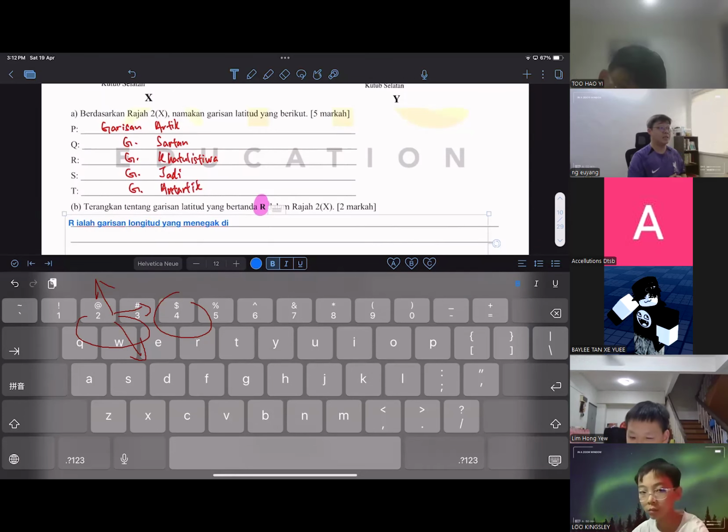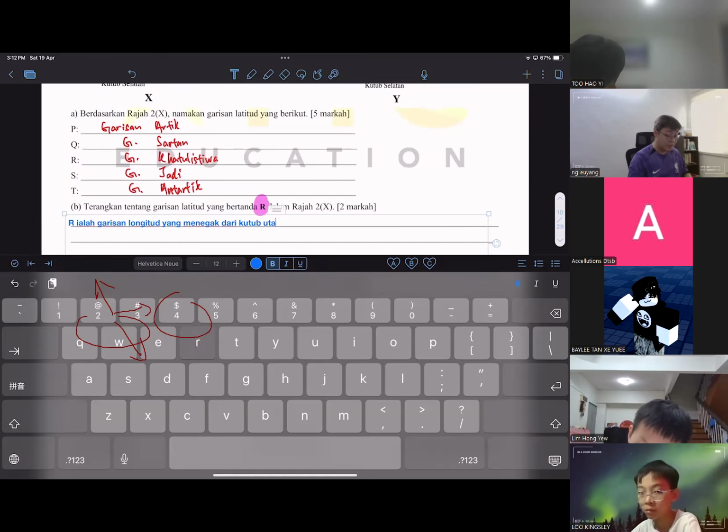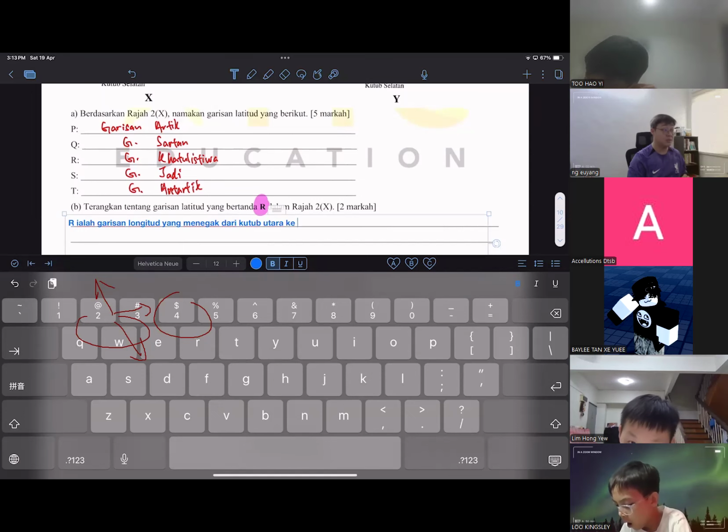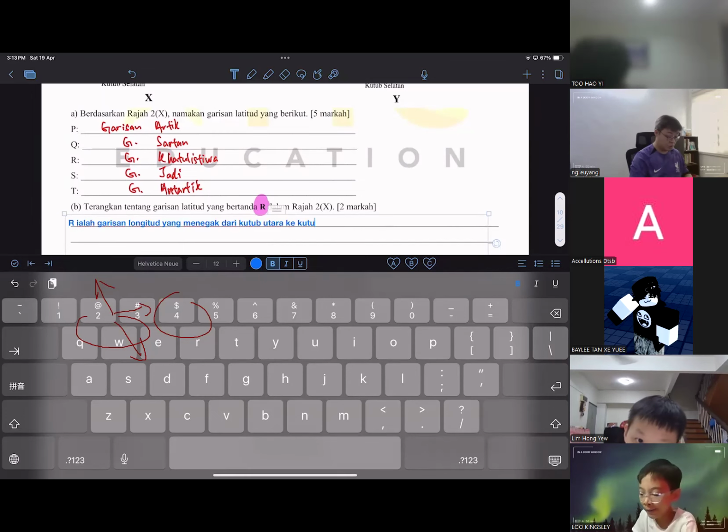Okay, R ialah garisan longitude yang menegak, just menegak lah, don't need to write down di permukaan bumi. Menegak dari kutub utara, so that's why I already mentioned half circle, kutub utara hingga kutub selatan pada atas. So the short term for permukaan bumi is globe.